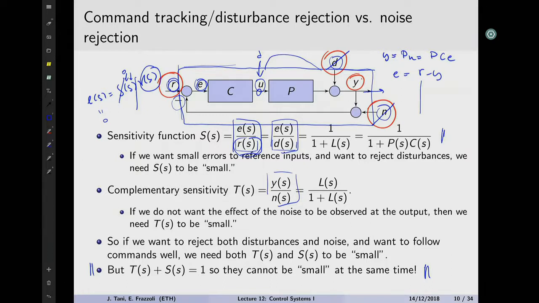So it's always good to have very little effect of noise on the output, because otherwise the noise is fed back into the loop and it generates problems. And a good control system that allows noise attenuation, that is minimizing the effect of noise, is a system that has a small complementary sensitivity function.